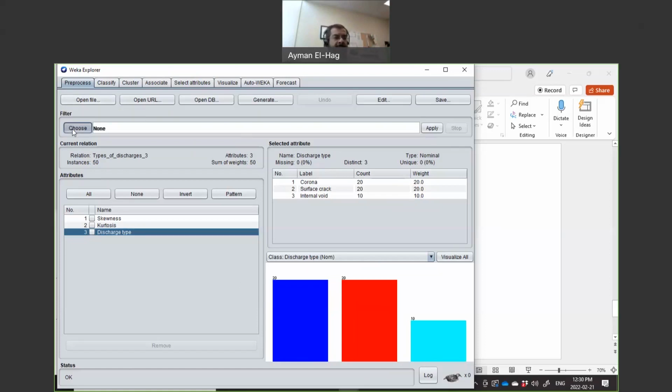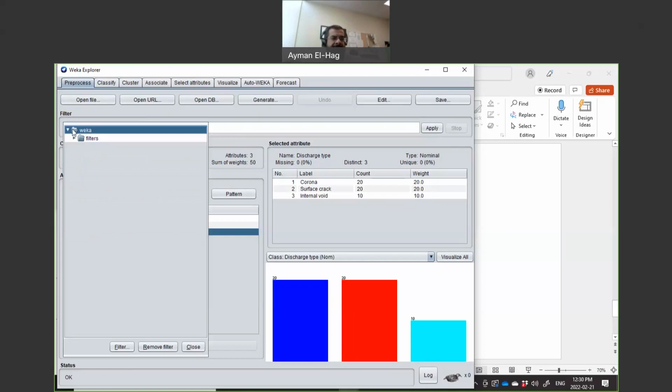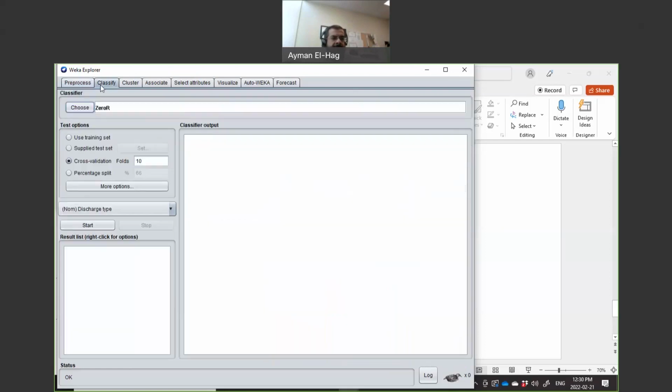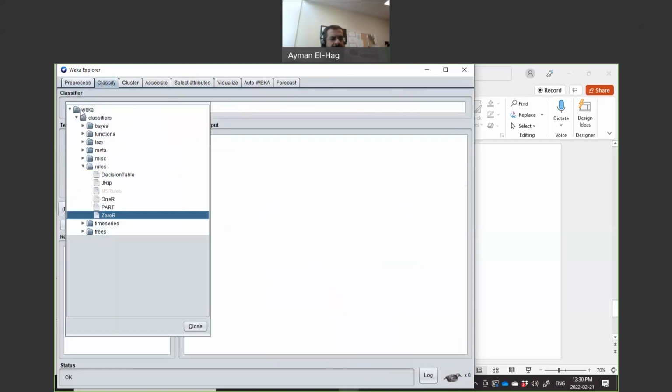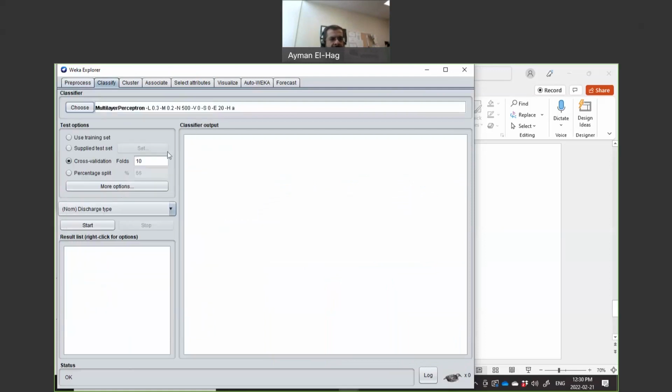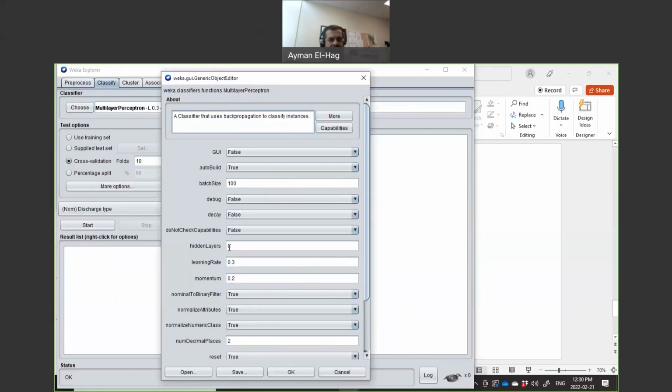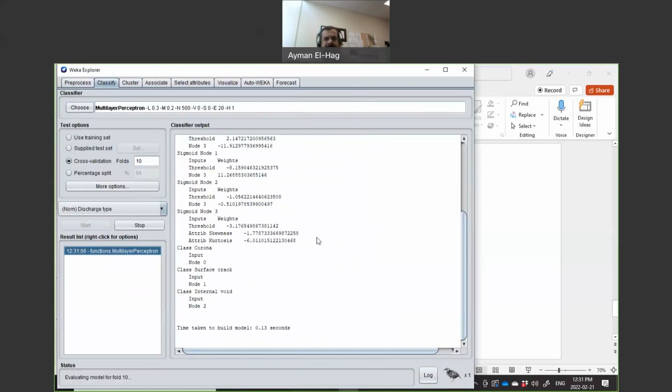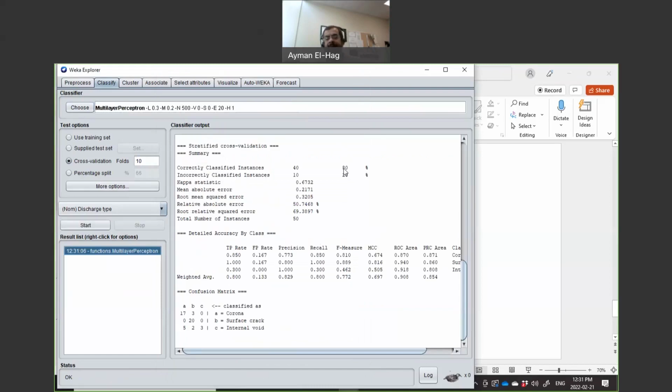So let's choose our favorite classifiers. We always start with the ANN. We'll choose the number of hidden layers to be 2. Let's start with 1, actually. Let's do it as 1 first and see what we'll get. And start. So here we get 80%. When you look here, for the corona and the surface crack, we have high accuracy.